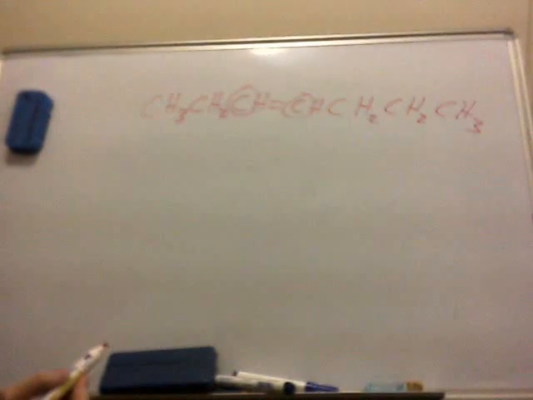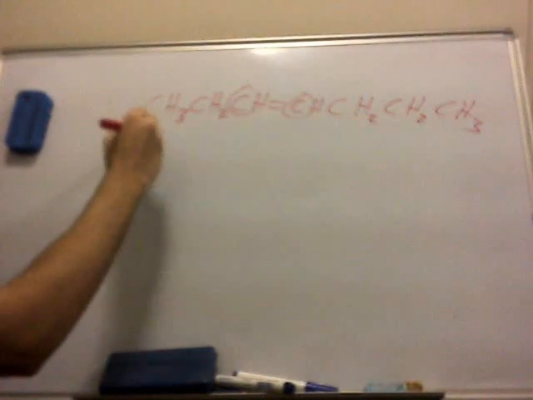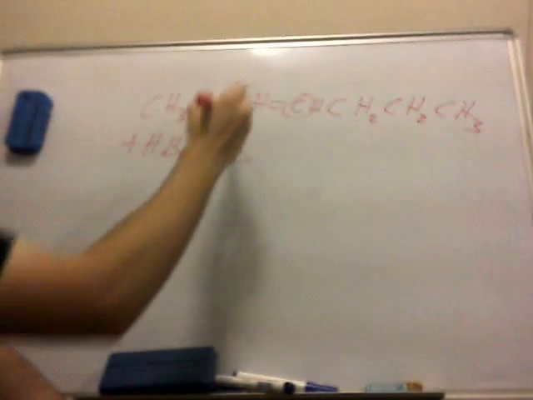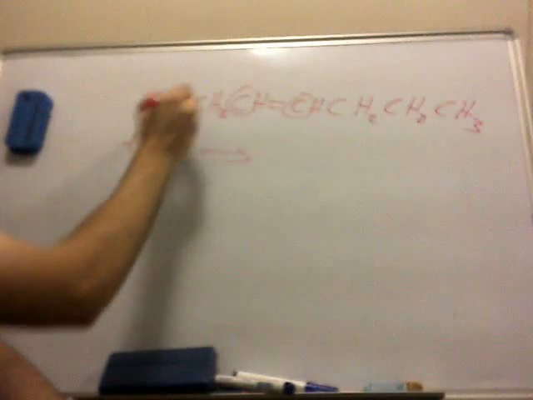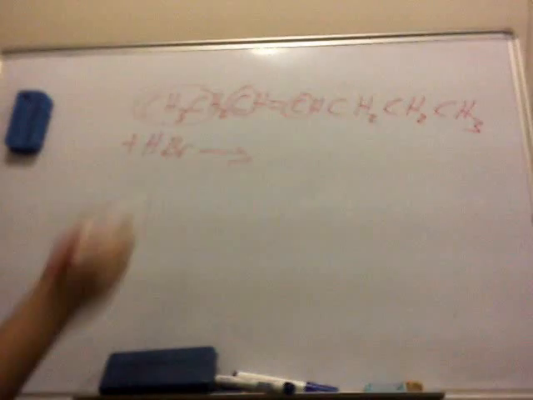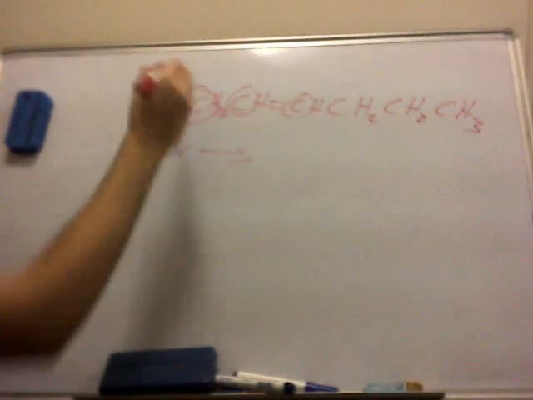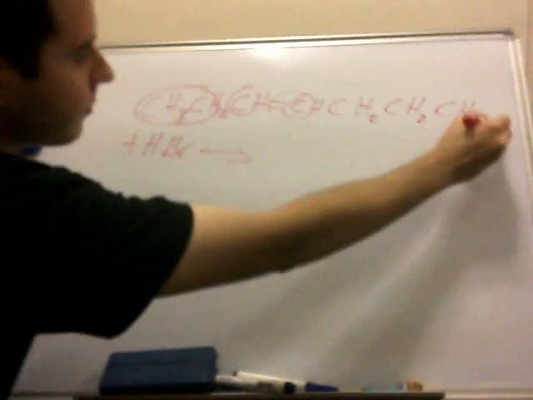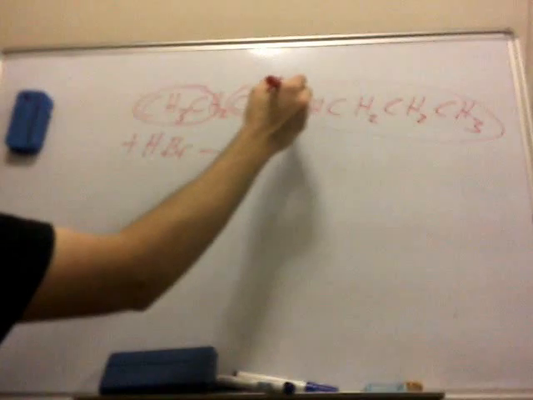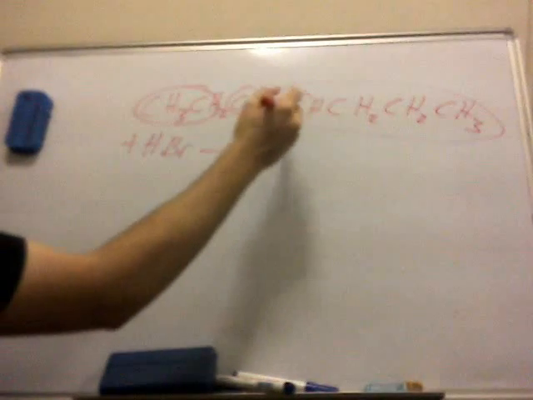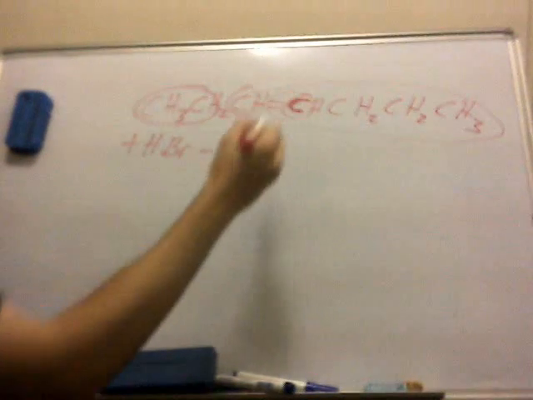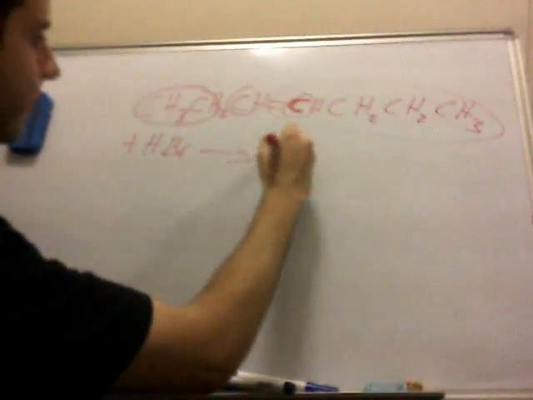Now if you look at this, if the bromine that I'm adding, HBr, attaches itself to carbon 3, I'll have an ethyl group over here, and I'll have a 4-carbon butyl group over here. So it's less stable, whereas if I go into carbon 4, I actually have a perfectly symmetrical molecule that looks like this.